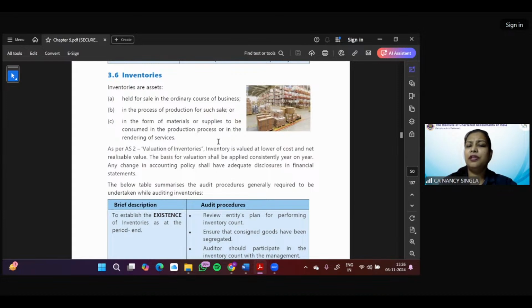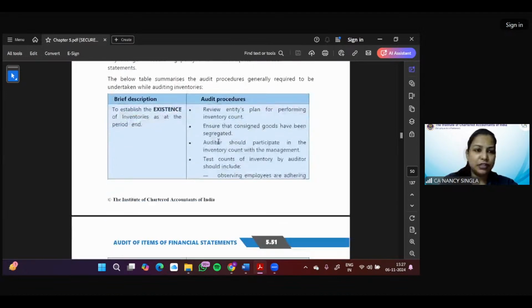And the valuation will be what? Cost or NRV, whichever is lower, and the basis for valuation should be applied consistently year-on-year, and if in case there is any change, the same should be adequately disclosed in the financial statement. Simple, right? Yes, Hima Bindu, you are absolutely correct. AS2, cost and NRV, whichever is lower.